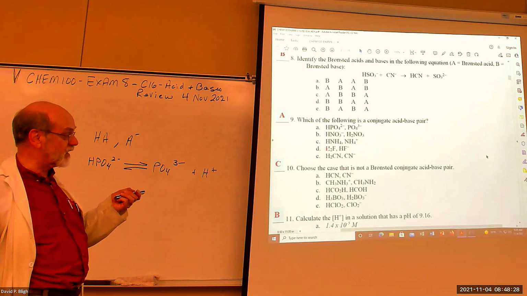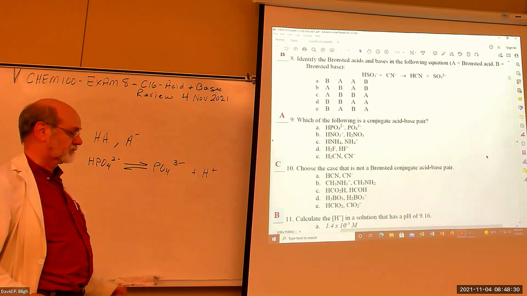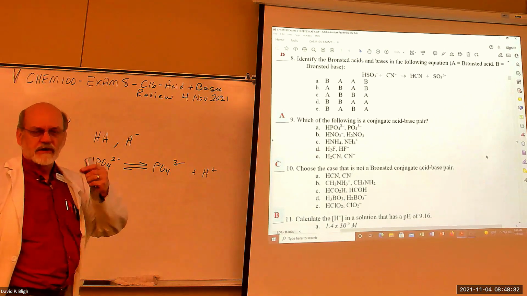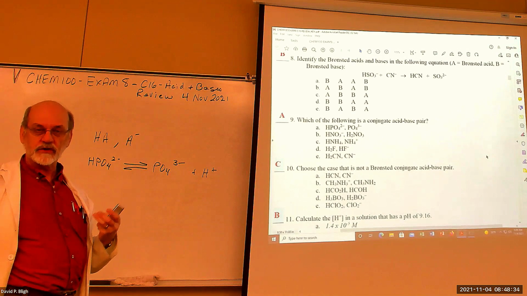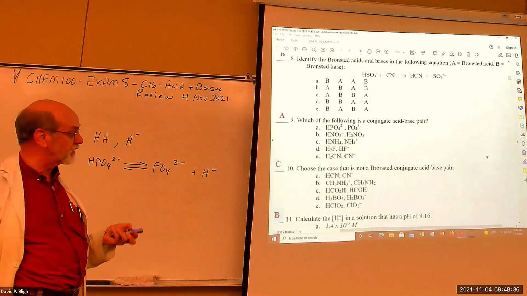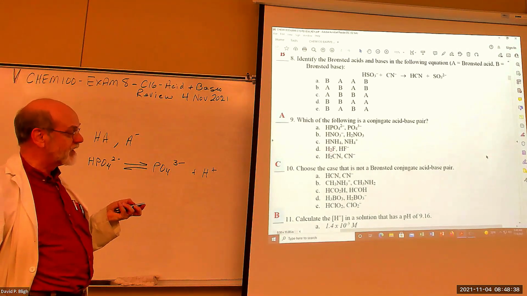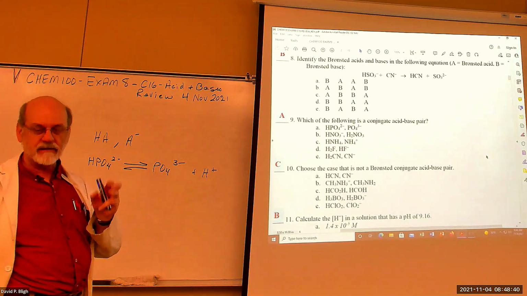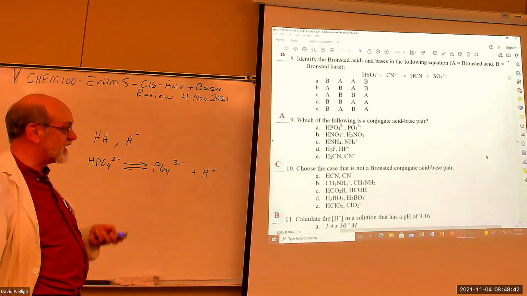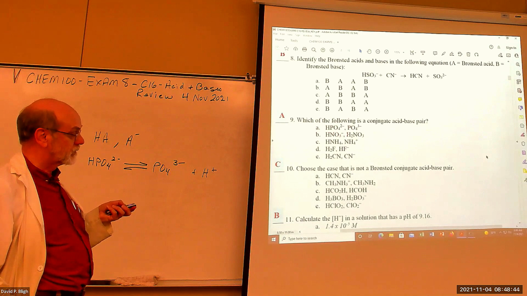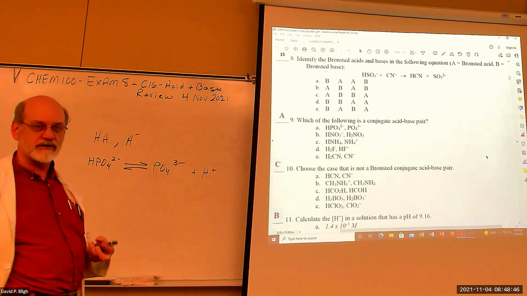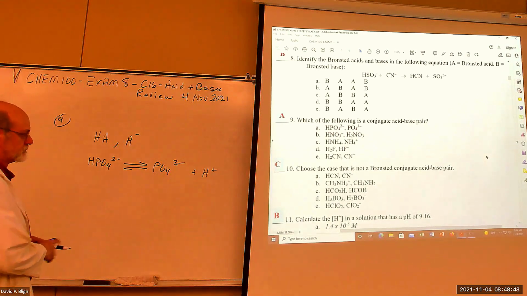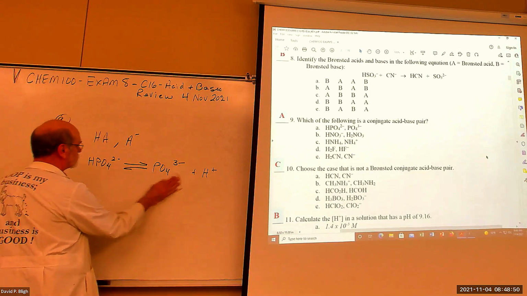You can't make that compound, simply because fluoride ion is -1. When you add a proton to it, you get a neutral compound. If this were HF and that were F minus, okay, I'll go for that. But the best answer here is this one. So here's a case, best answer is A.